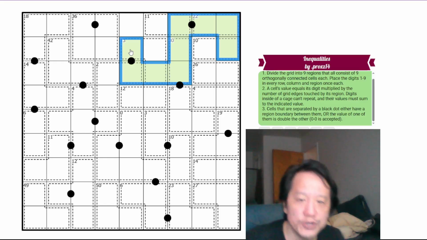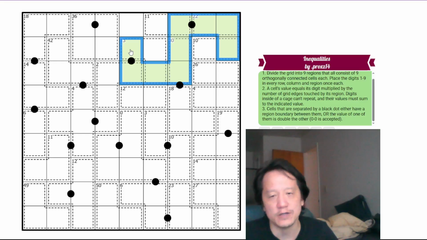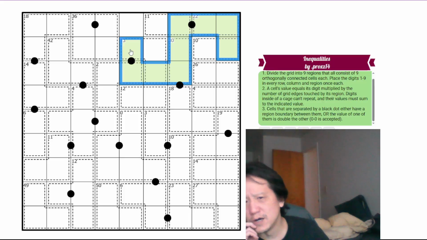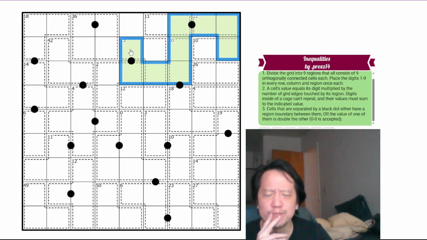So either there's a region boundary between them or the value of one of them is double the other. Can you have both is the question. I don't know. Interesting. I'm not sure if you can have both. You might or might not have that possibility.